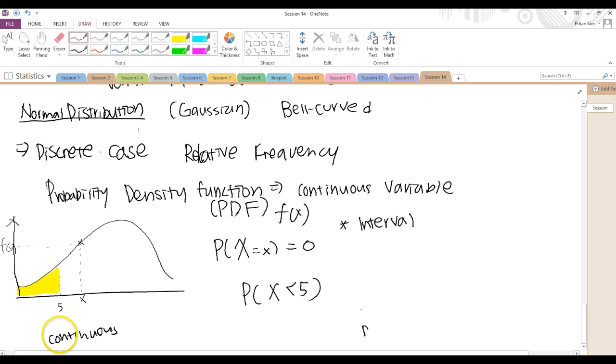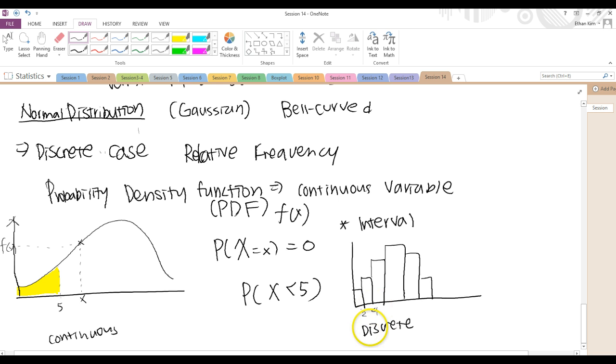Whereas for a discrete case, we have histograms. Let's say the values are 1, 2, 3, 4, 5, and 6.